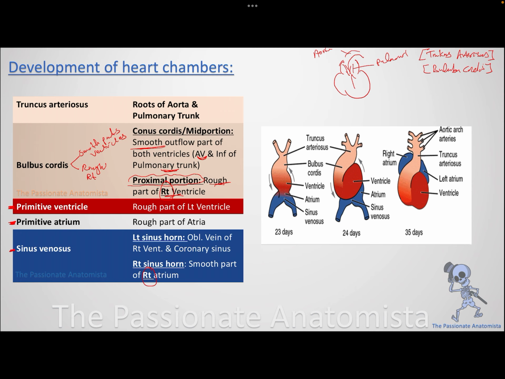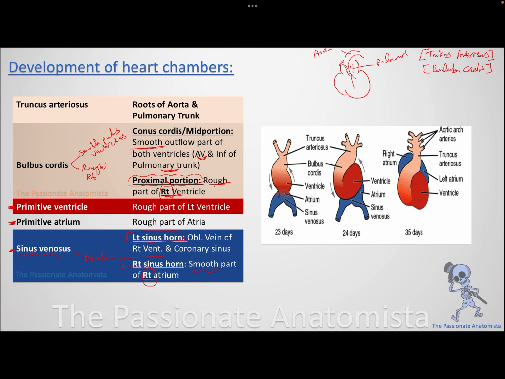Sinus venosus, which should give you the coronary sinus and venous end, will also give you some exception, which is also related to the right side, but in this case, it's the right atrium. So the smooth part of the right atrium comes from sinus venosus, and that is basically the right horn. And here you have the coronary sinus. The last thing is the smooth part of the left atrium.